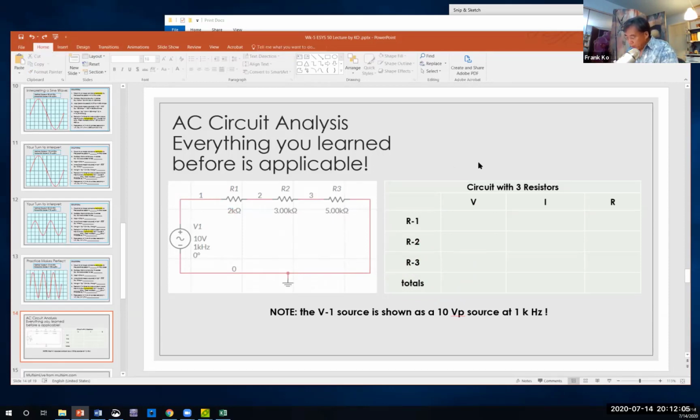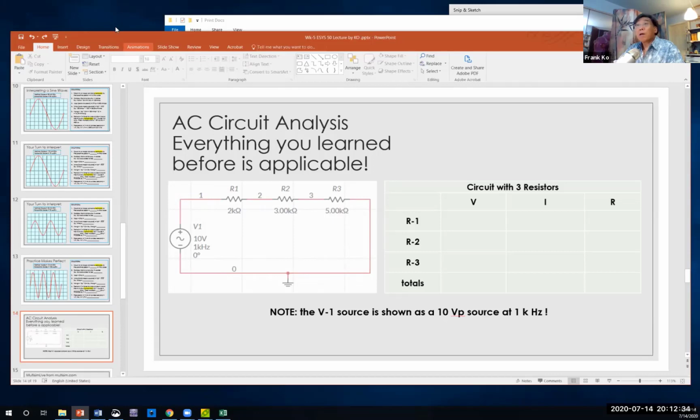And how many people agree we have 1 milliamp? Good. All right. If you're happy with 1 milliamp, what would be the next step, Abbas? The next step would be, I guess you could try finding R1's voltage or R2, any of them basically. Well, we only filled in one cell, and that was current total.